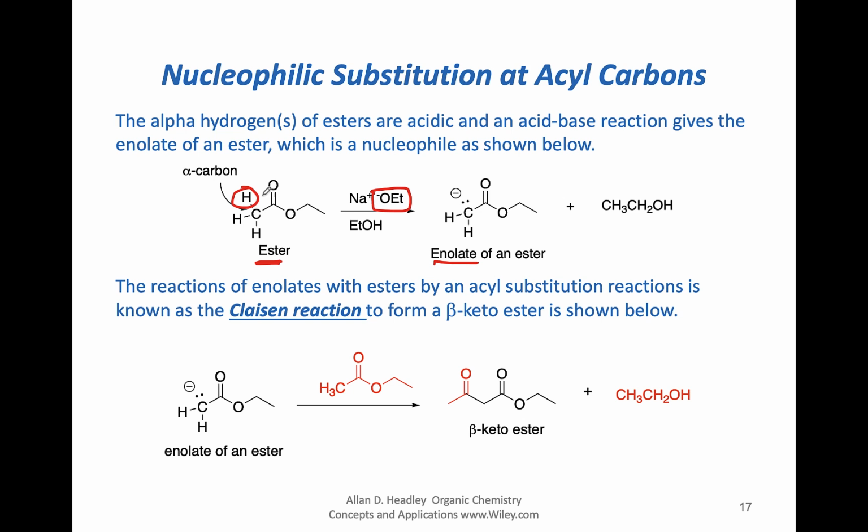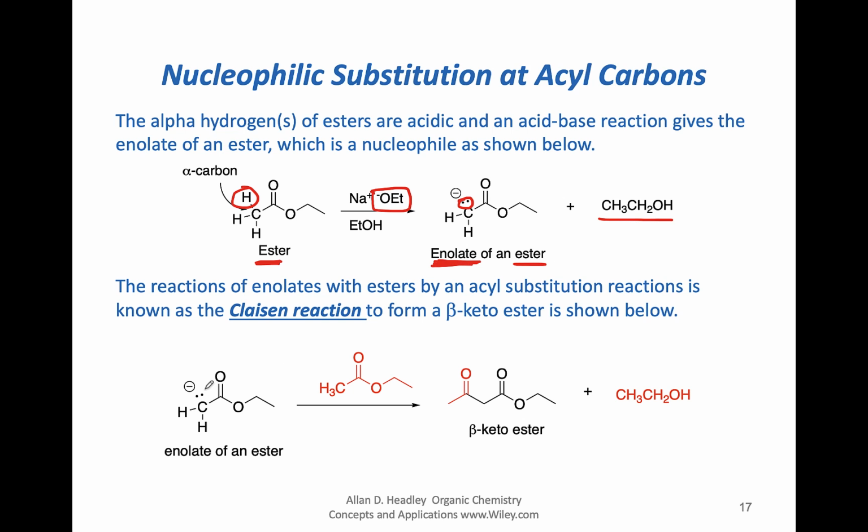It can abstract one of those hydrogens as a proton to give here the alcohol, but most important, it gives here an enolate. It's a nucleophile because it leaves behind its bonding electrons from the proton. So it's a nucleophile, also called an enolate of an ester.